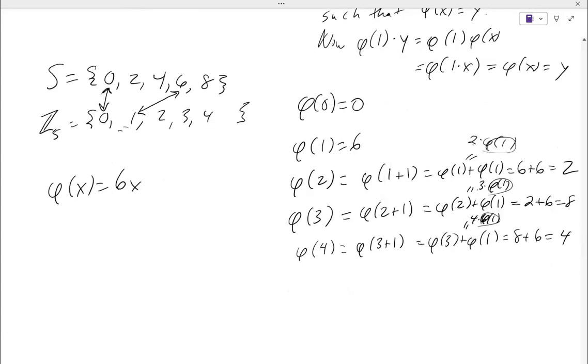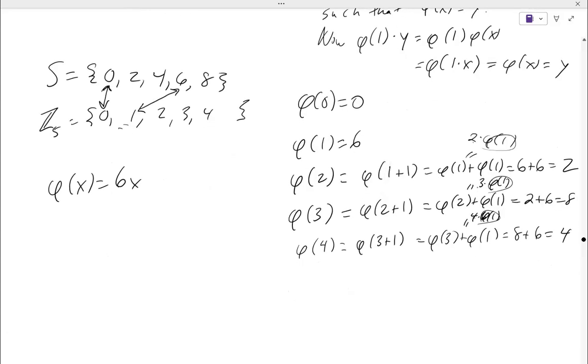Because now, if I want to do operation preserving, if you do phi of x plus y, that's 6 times x plus y. Distribute the 6 and see that the addition is preserved.